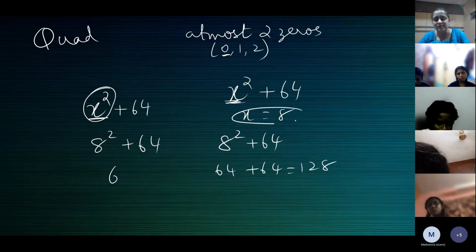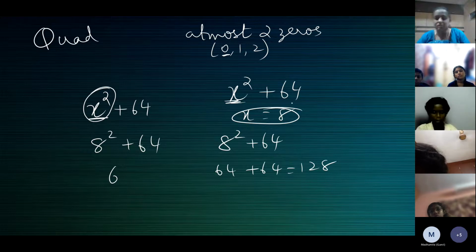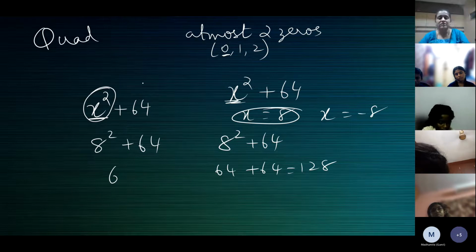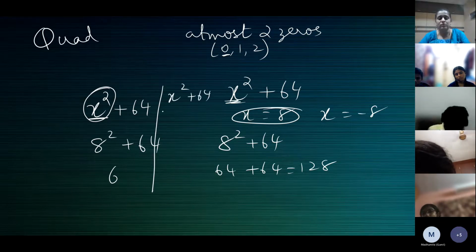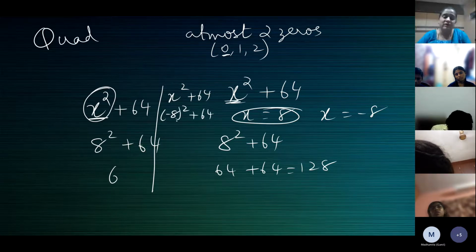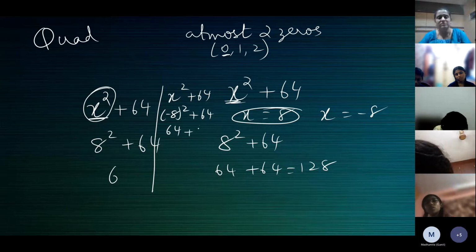So that means 8 is not a zero of x squared plus 64. Supposing we use minus 8, minus 8 the whole squared plus 64. But we know that minus 8 into minus 8 is not minus 64. It is plus 64, again 128.